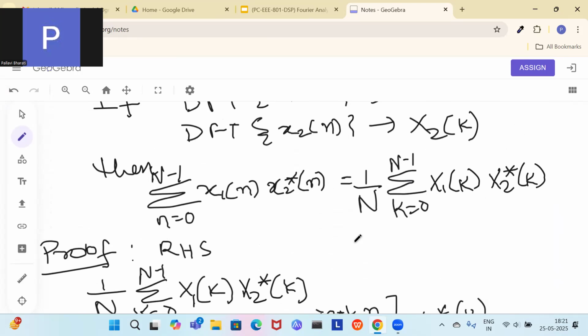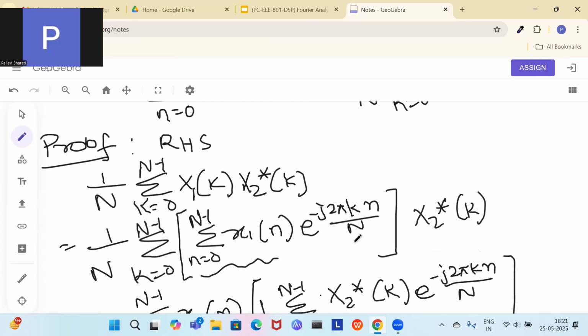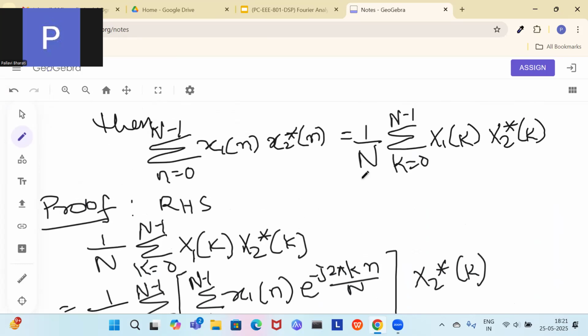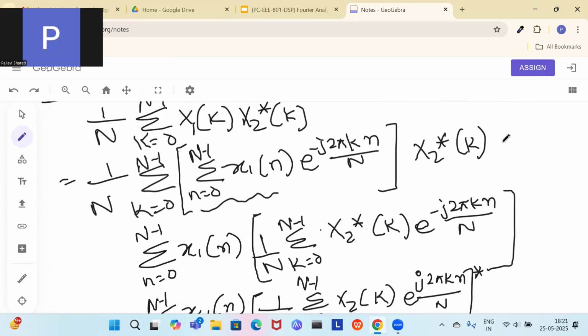Now here you have 1 by N, k equals 0 to N minus 1. You started from the RHS of this. You wrote the DFT for this one and left the other as it is. Then you changed the order of summation.